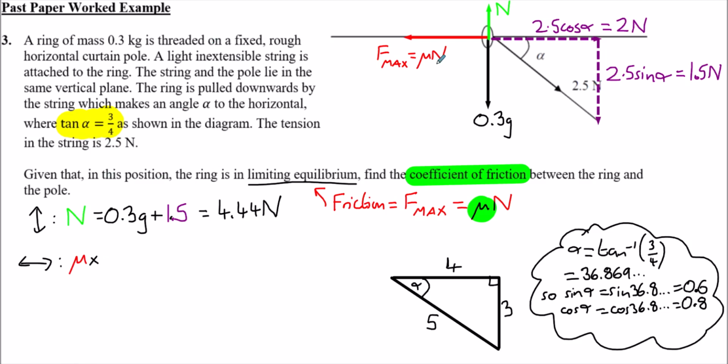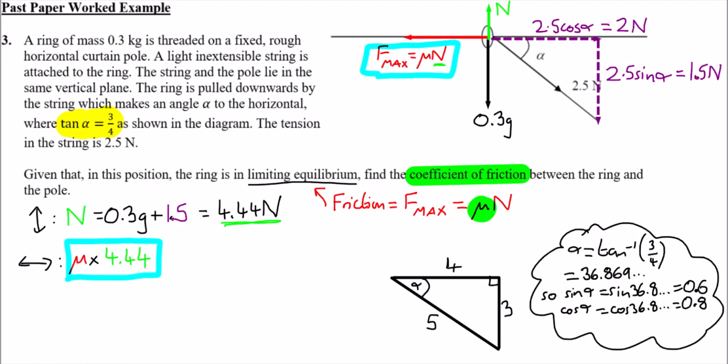N is 4.4 newtons. So mu times 4.4, which is mu N. Again, I can highlight that if you'd like. So this is F max, and that's F max as well, that's mu N.